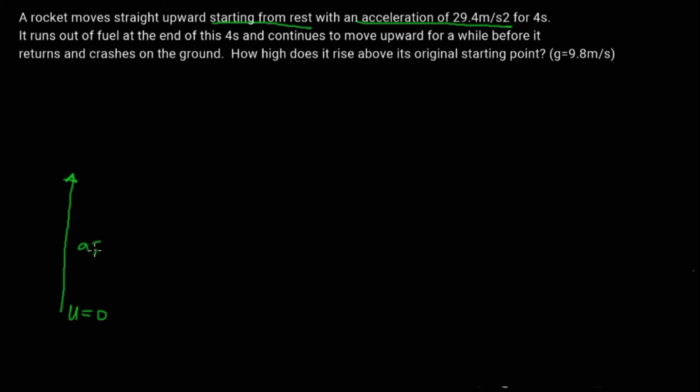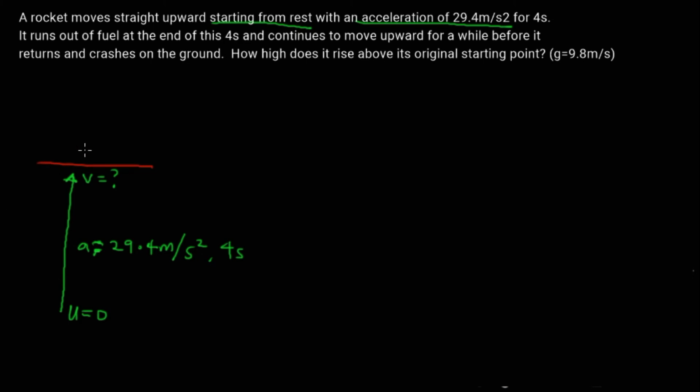The acceleration at which it moves upward is 29.4 meters per second squared. That means we can actually find the final velocity of this object. For 4 seconds, that means it covered that distance in 4 seconds.